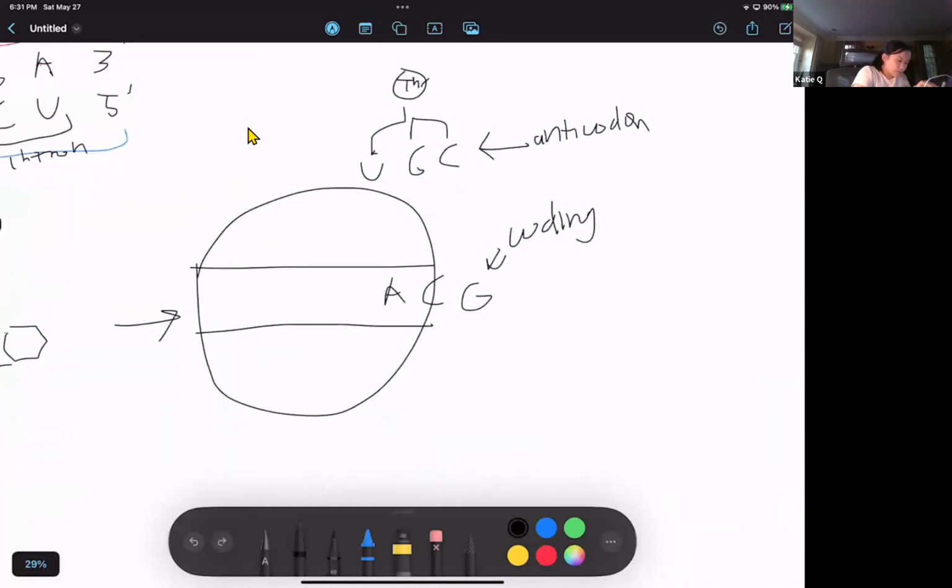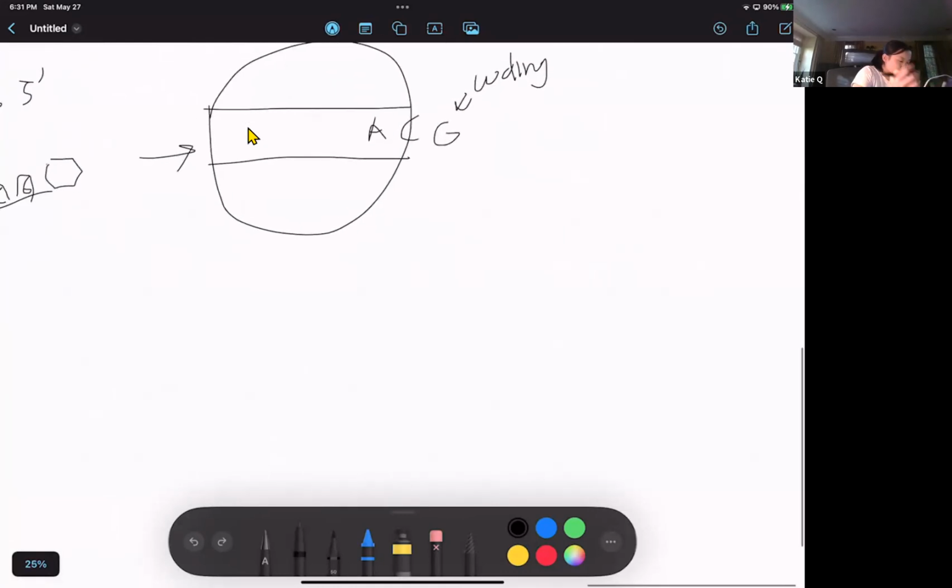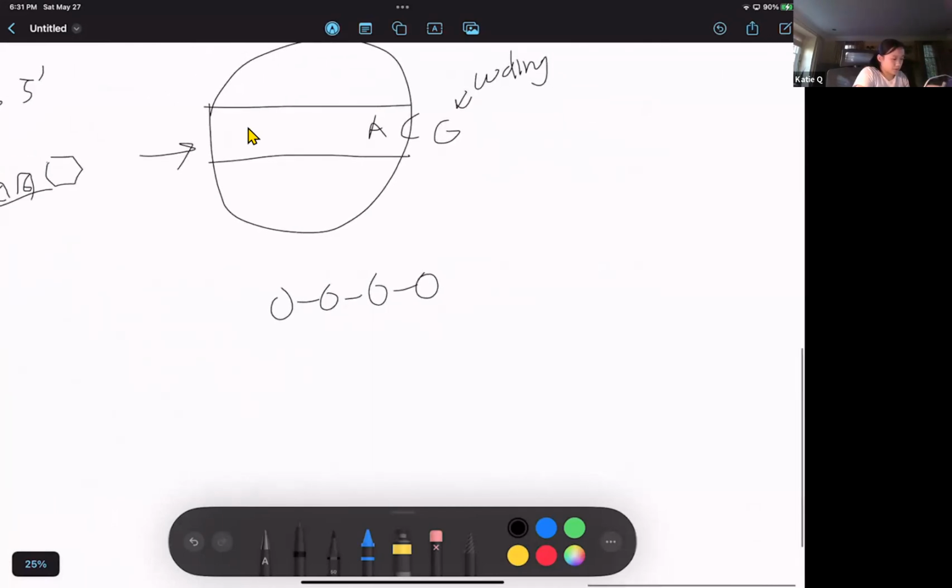Then more and more different tRNAs come in and create an amino acid strand until it gets to the primary structure, which is just like this now. Later it will fold, go into secondary, tertiary, and possibly quaternary to form the final protein.